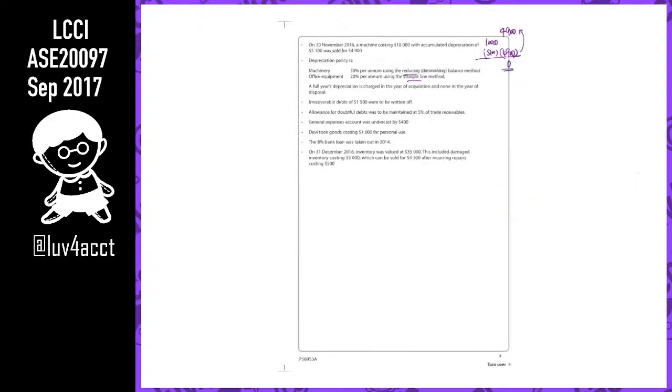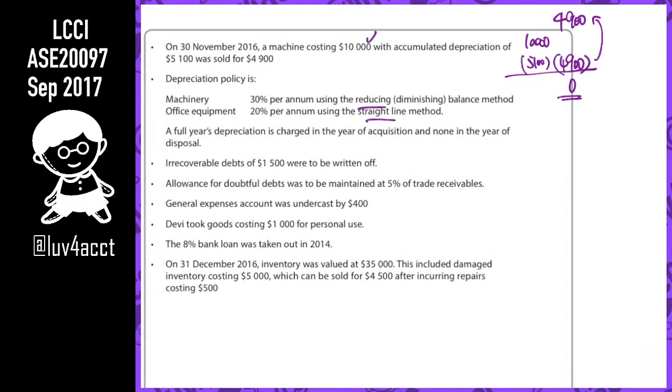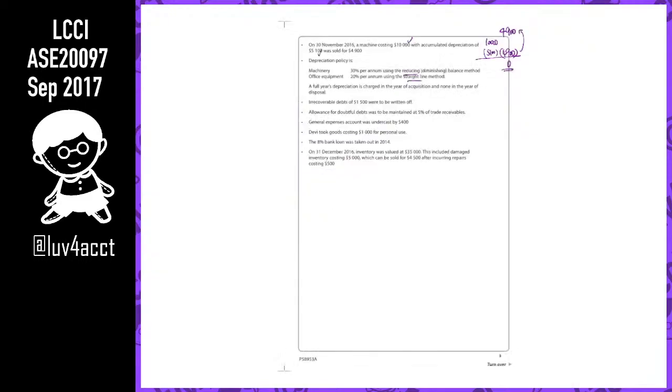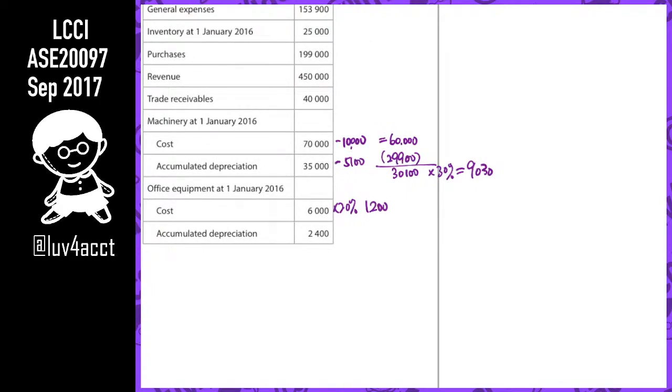Let us check again. 30% reducing, yes. I will do one checking because sometimes it is easy to have mistakes. At the 1st of January, you have 35,000 carrying value.